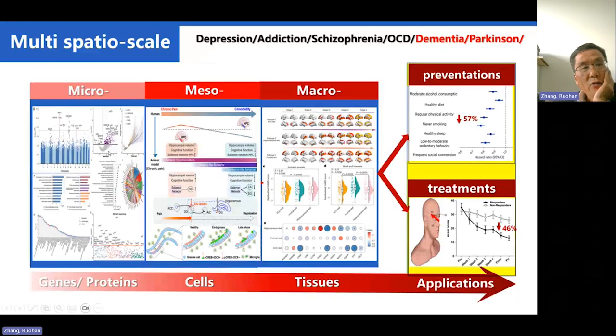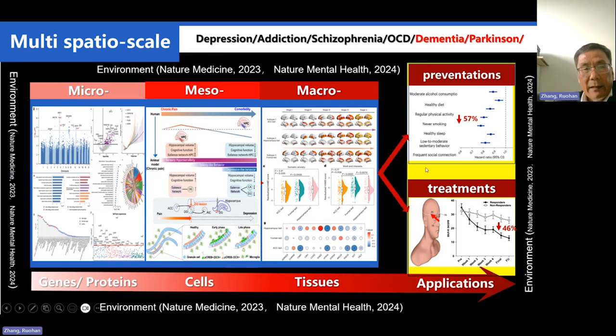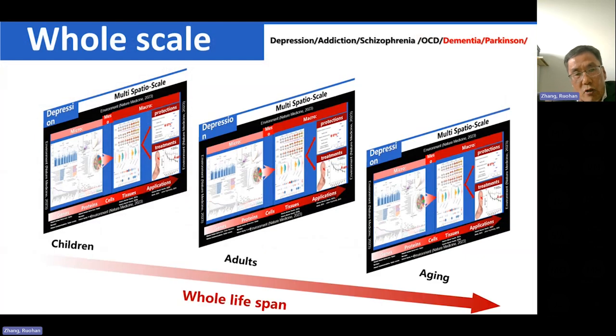Okay, so as I mentioned, we use macroscopic and microscopic data to look into brain disease, and we also use environment data a lot, from very microscopic scale to very large scale, and not only in the spatial scale, we also look at the temporal scale.